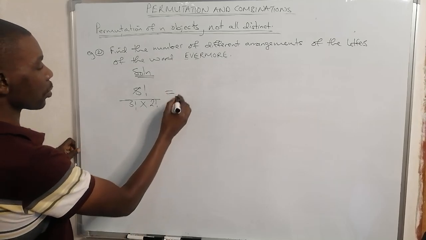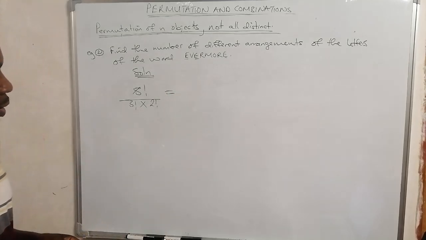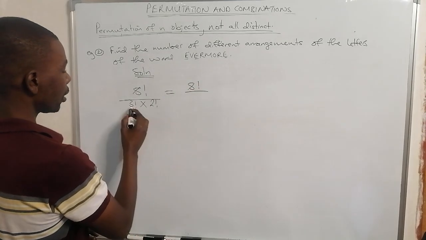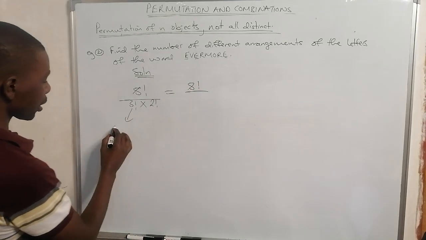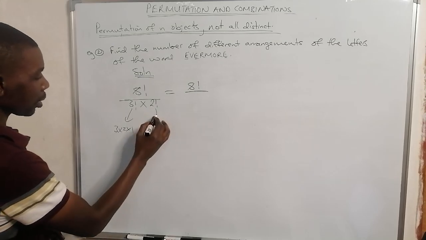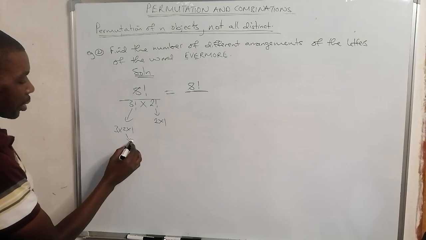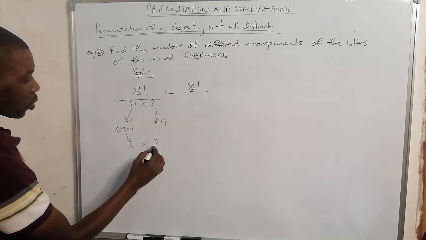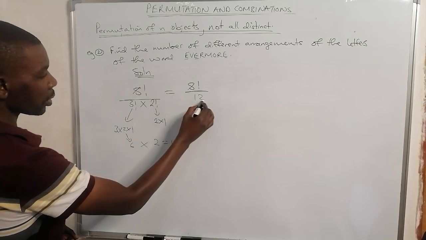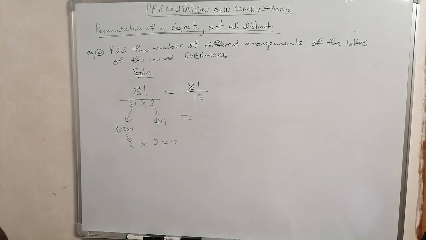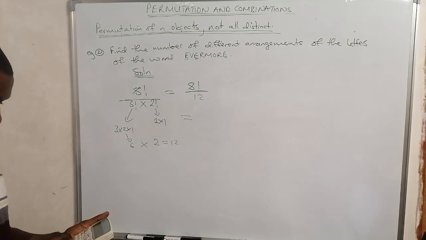So we divide 8 factorial by 3 factorial times 2 factorial. This is 3 times 2 times 1, and this one is 2 times 1. So that will give us 6 times 2, which is 12. So it's 8 factorial divided by 12.